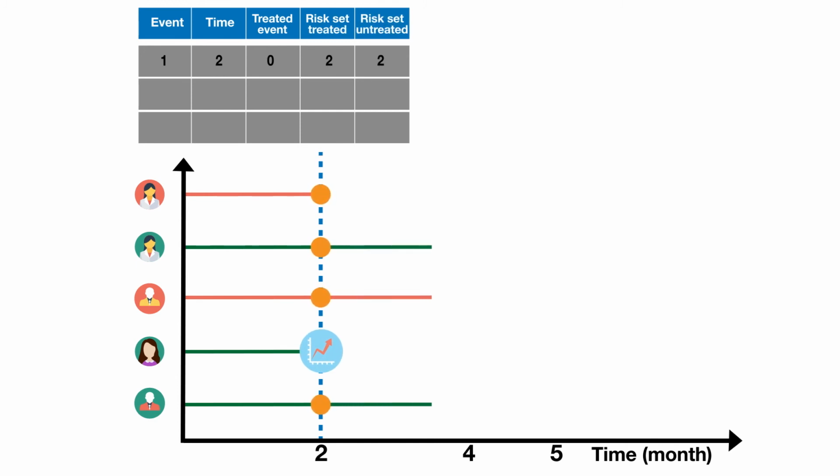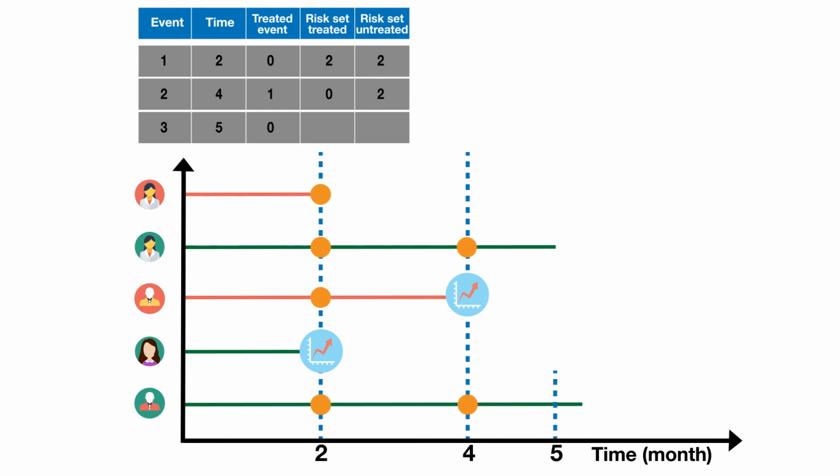The risk set includes patients who are still in the study and at risk of developing the outcome of interest at that time point. If you want to do a matched analysis, the risk set will contain patients from the matched cohort. If you want to do a stratified analysis, the risk set will comprise patients who are in the same subgroup as the patient who has the outcome event.